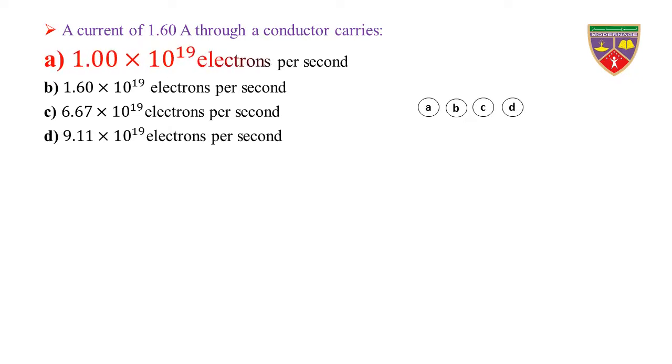The key is 1.00 into 10 power 19 electrons per second. The correct option is A.